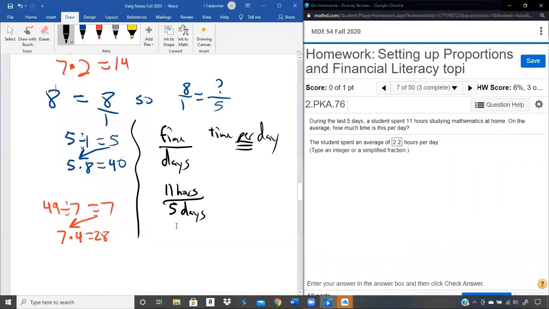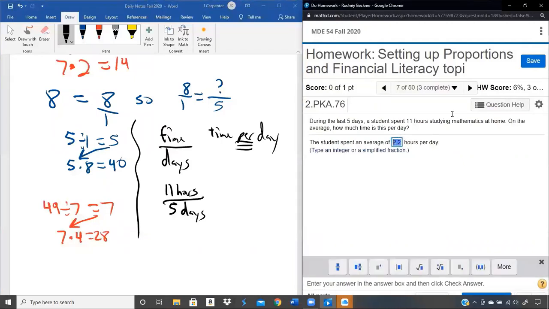If there's a number that goes into both 11 and 5, then you would divide that out and reduce it. For instance, if this was 12 over 15, 3 goes into both of those. 3 would go into 12 4 times and into 15 5 times, so the answer would be 4/5. But there's no number besides 1 that goes into 11 and 5, so you just type 11 over 5.